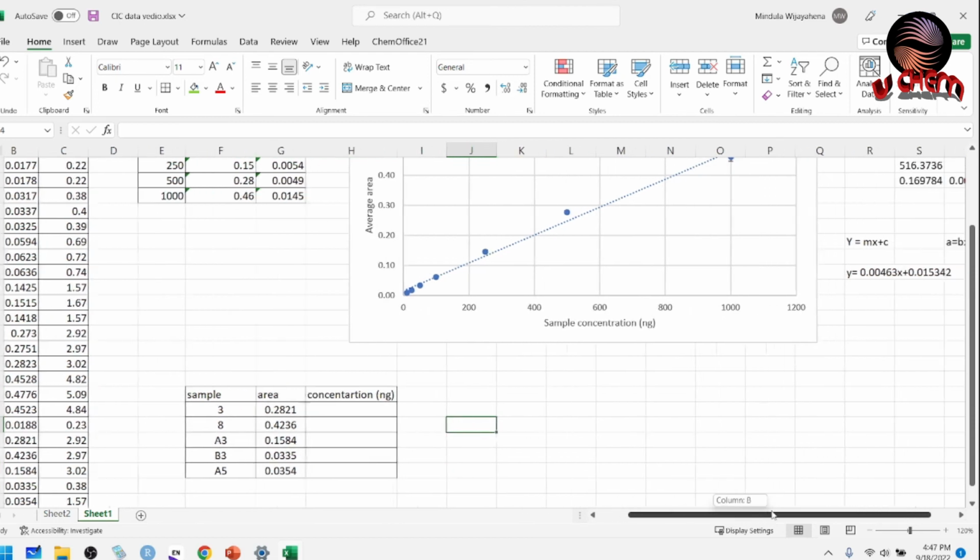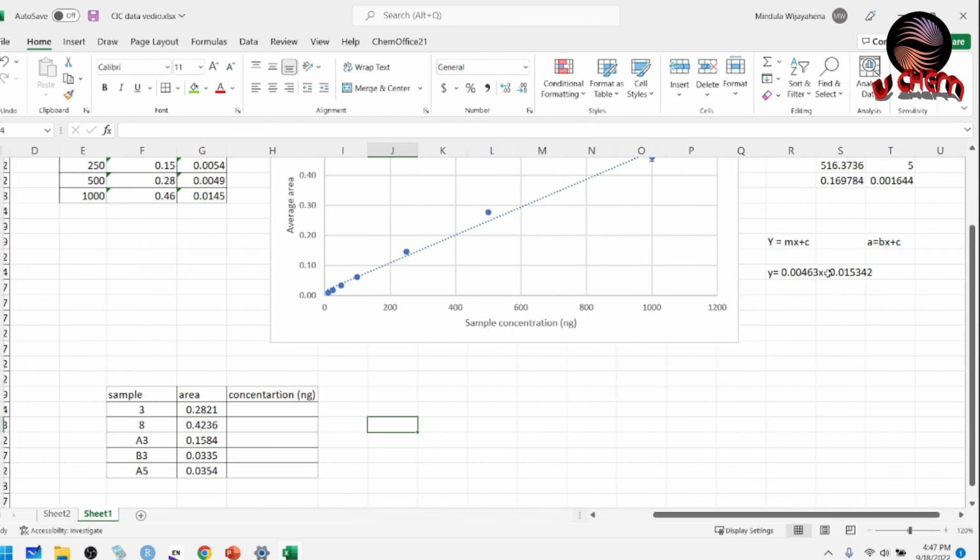Now, how are we going to get the X value? How are you going to make this equation so that when you are doing the math, it's easy? X equals, so you are taking this X out. To get X out, you have to subtract.